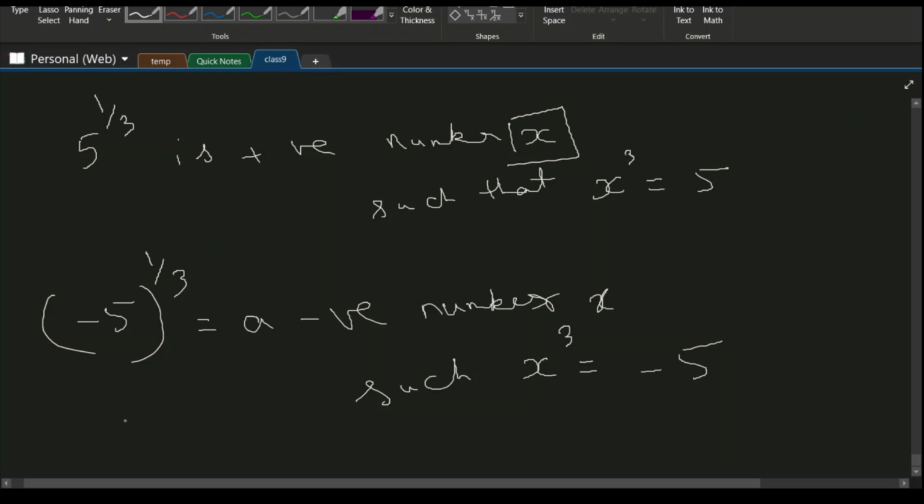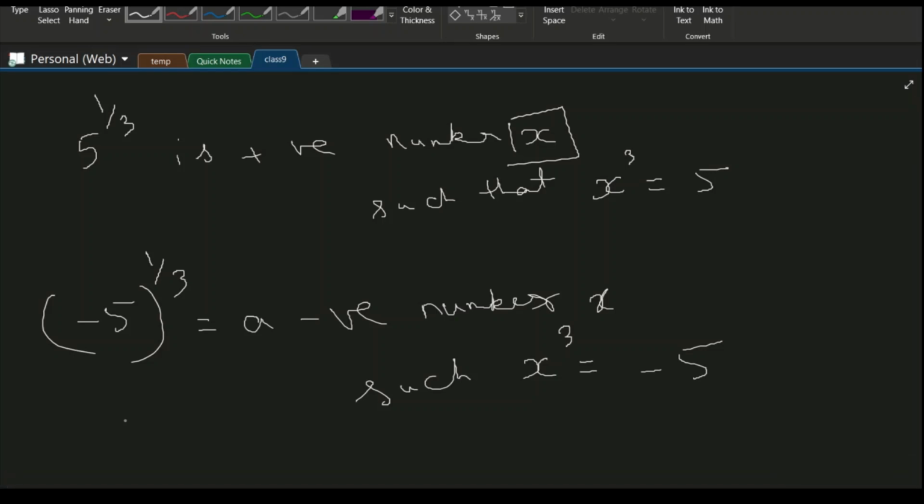But for now, whatever we have studied, the laws of exponents when the powers are positive integers or negative integers, not fractions, for those there are some exercises given in the book. So those who have the book, please try to solve it. And if not, I'll post these questions in the signal. You should try to solve using the laws of exponents we have studied so far.